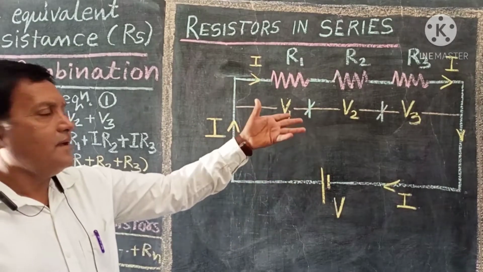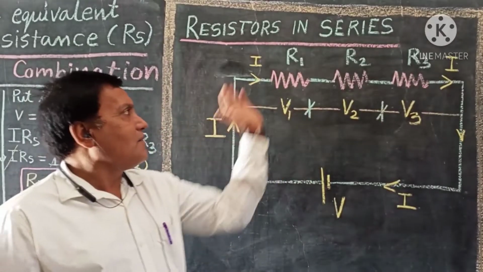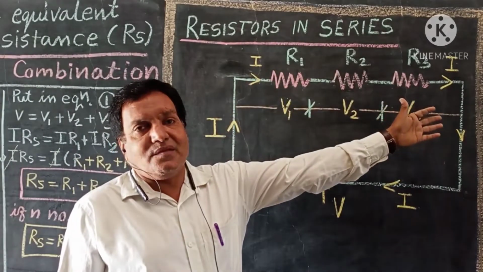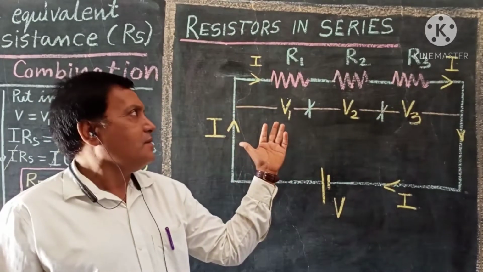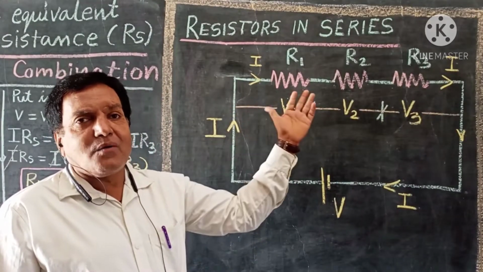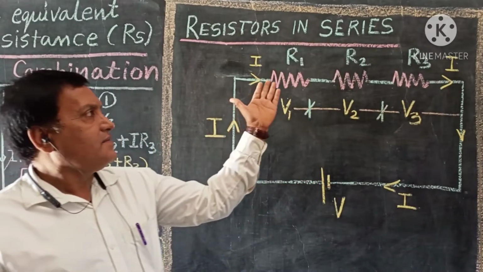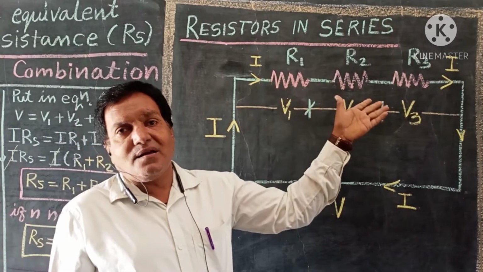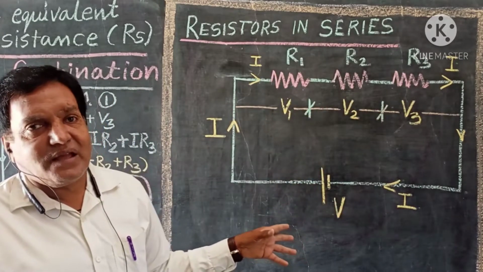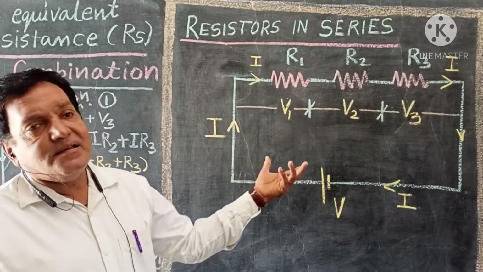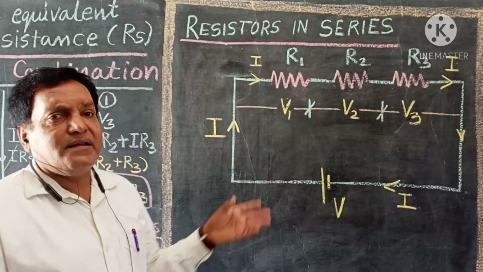So we can say that these three resistors are connected in series, because the current flowing through the three resistors is the same, I, and the potential difference or voltage taken by R1, R2 and R3 is different. These three resistors are connected one after another or back to back. This combination of resistors is a series combination, or we can say that the resistors are connected in series.